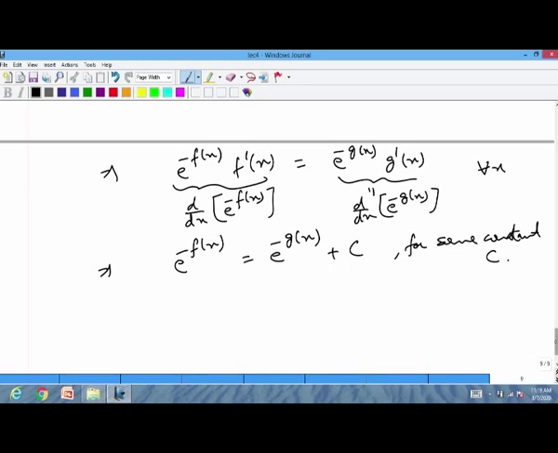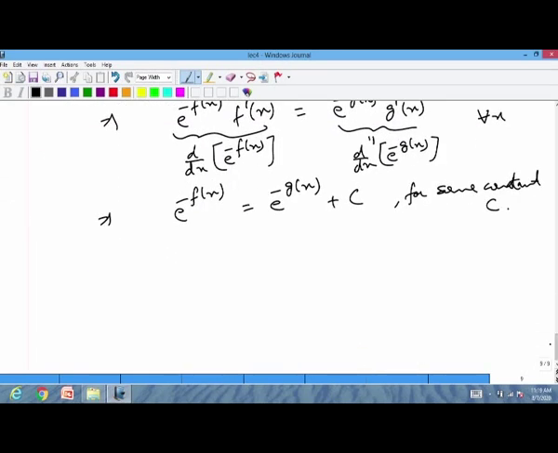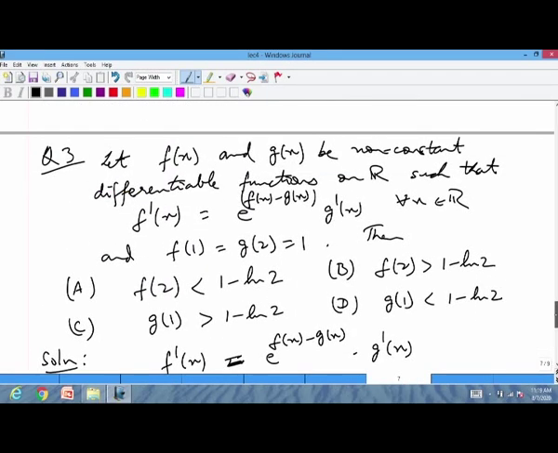Now, we are given the value of f of 1 is 1 and g of 2 is 1. So, we will use those. Therefore, e to the power minus f of 1 will be equal to e to the minus g of 1 plus c. f of 1 is given to be equal to 1.